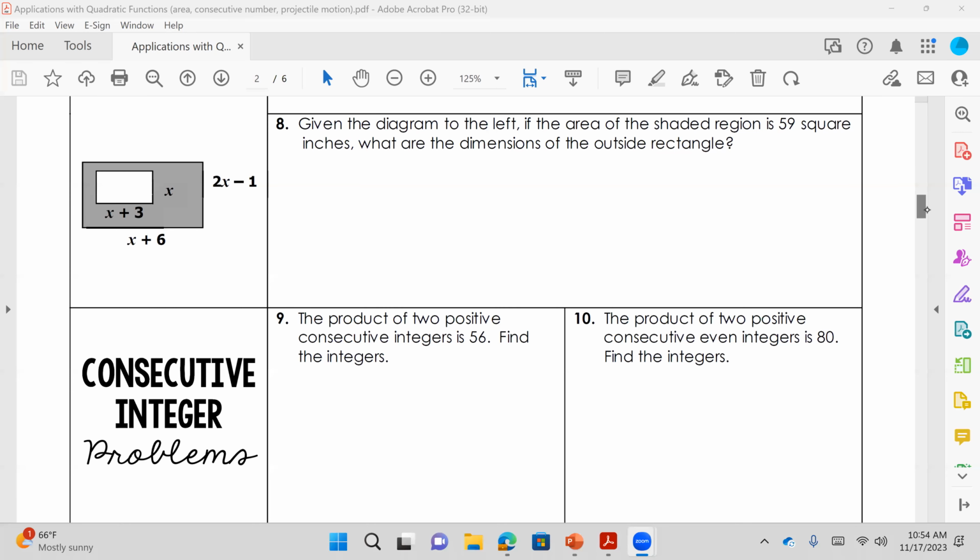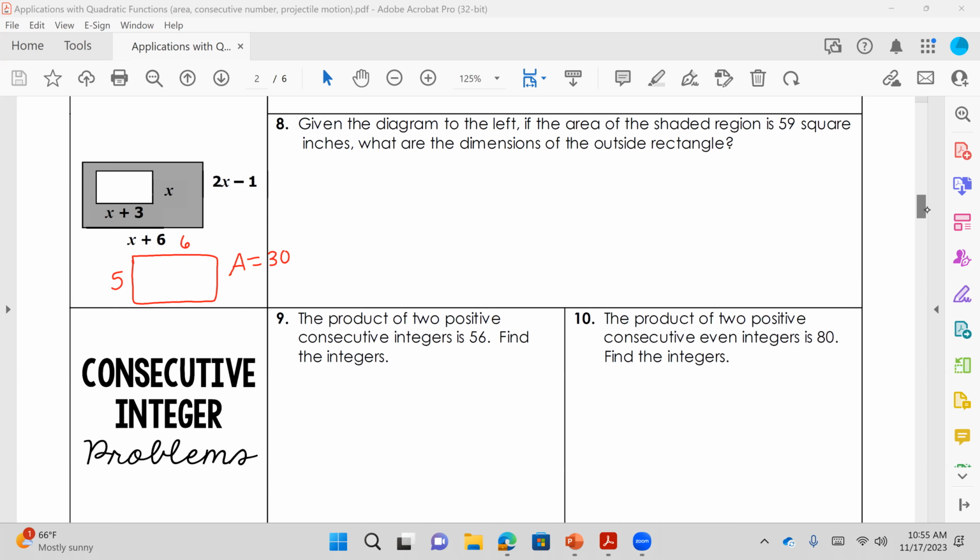Okay, this is another question that seemed to stump a lot of people. Before we even start this, let me just give an example. Let's say I have a big rectangle and the dimensions are 5 by 6. That means the area of this big rectangle is 30.